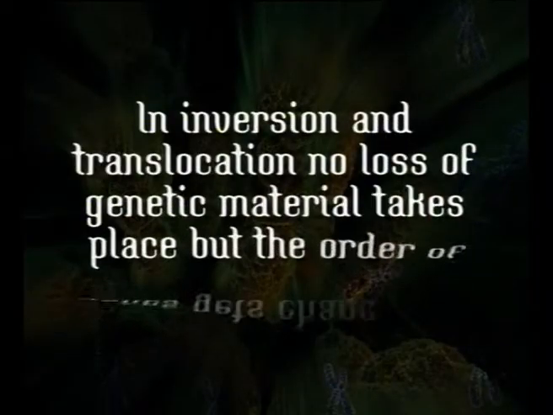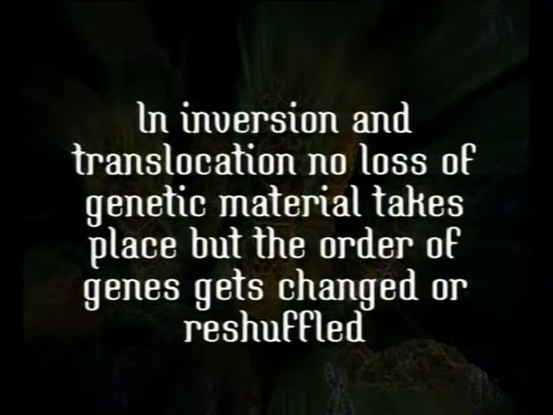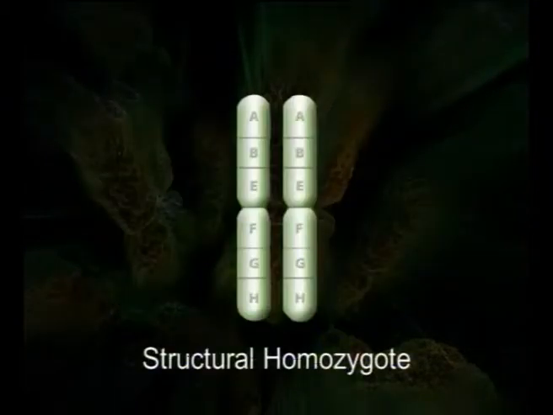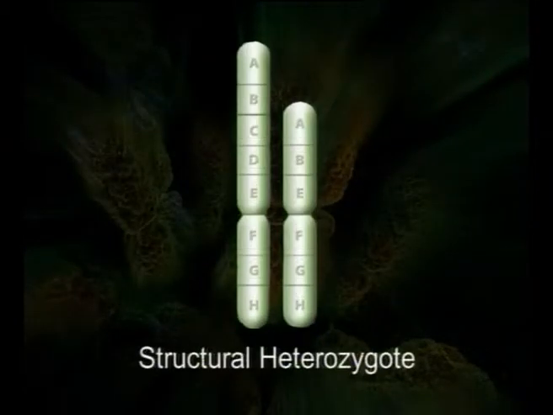Whereas in case of inversion and translocation, there is no loss of genetic material from the concerned cell. However, the order of the genes is changed. The genes are reshuffled.